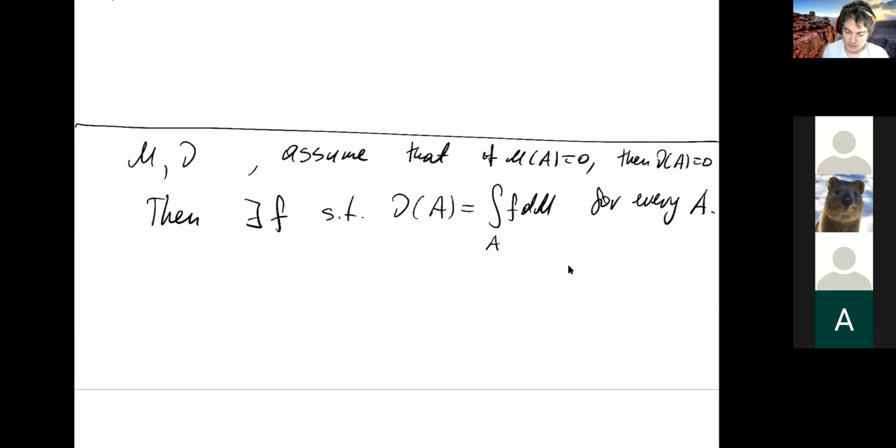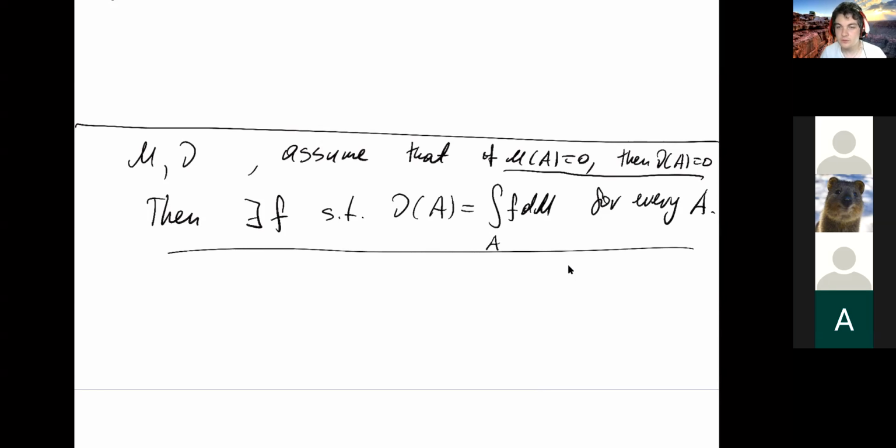So if we have this information for any A, then we know this. Here's a very simple example. Let's say that nu of A is 1/2 times mu of A. Then we know this, right?